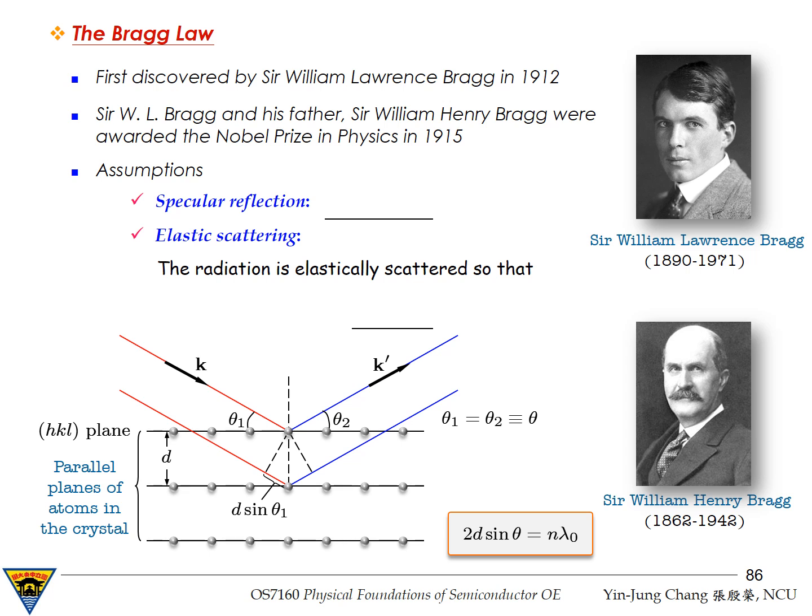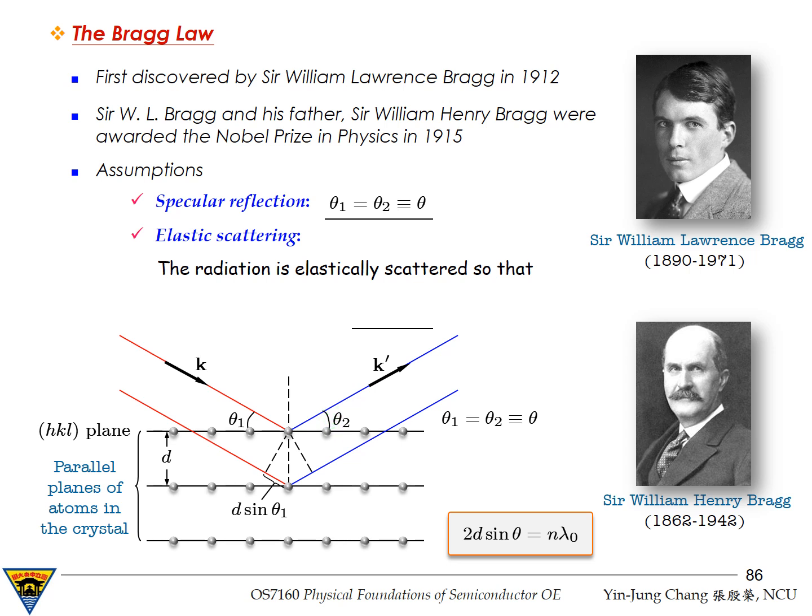So here we consider the simplest interference between two X-rays reflected or scattered specularly from adjacent lattice planes. By assuming specular reflection here, we mean the grazing angle θ1 is equal to the grazing angle θ2.